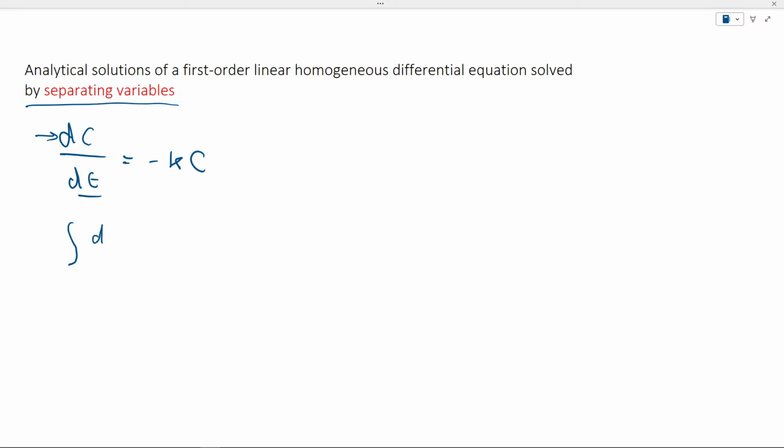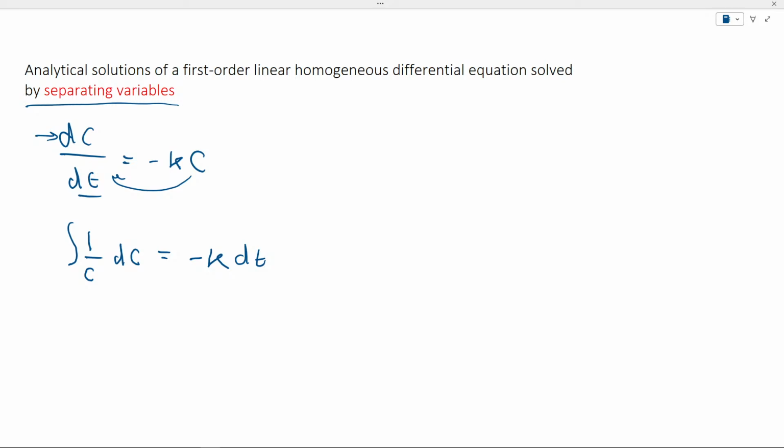So I will say the integration of 1 over c dc is equal to negative k dt, after I bring this c here.